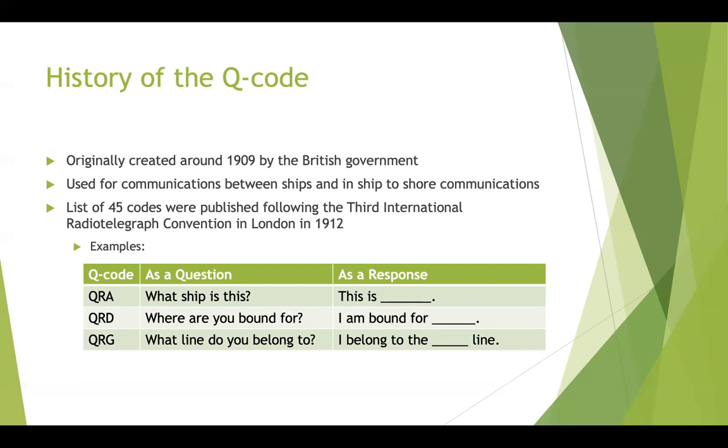So if you're asking the question, you're asking where are you going? And the response would be QRD Liverpool, for example. I'm bound for Liverpool. And what line do you belong to? I belong to the whatever line, right? So shipping pretty much all belong to various lines. So you might have like the Cunard line or something like that.